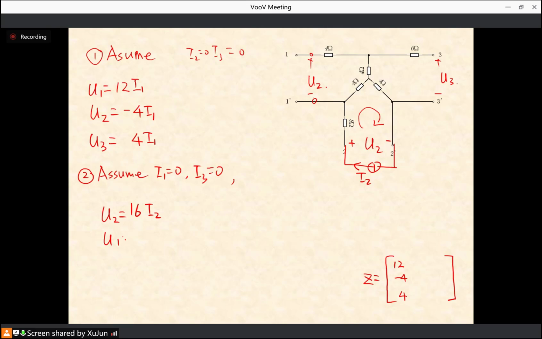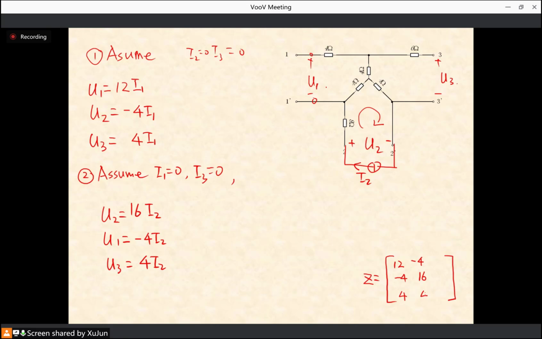And U1 will equal this resistor voltage, but inverse. Sorry, U1 will equal minus 4 I2, and U3 will be this 4 ohm resistor voltage, 4 I2. So the column 2 will be minus 4, 16, 4.